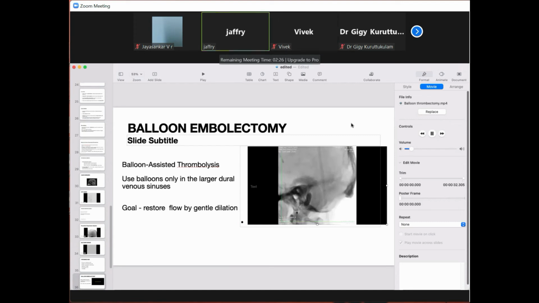So they passed the balloon and then inflated it after instilling thrombolytic agents. They slowly pull the balloon after inflation, so that the clot can be removed with this gentle drawing of the balloon.